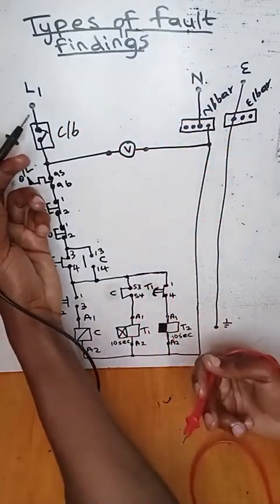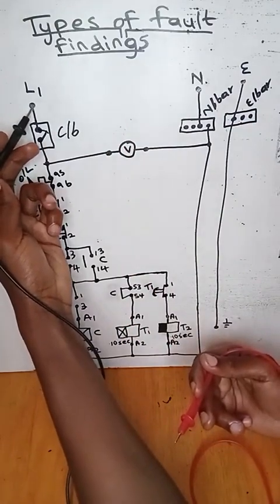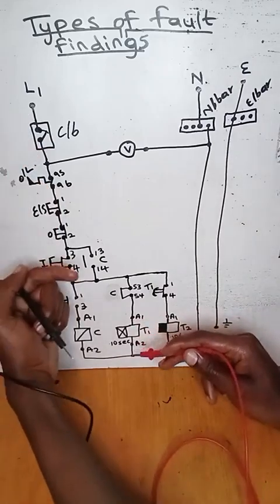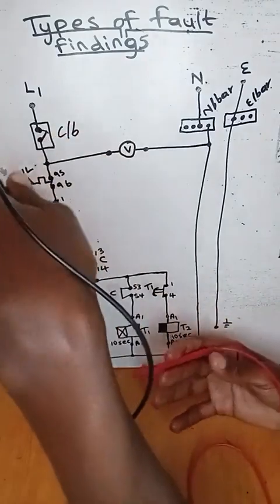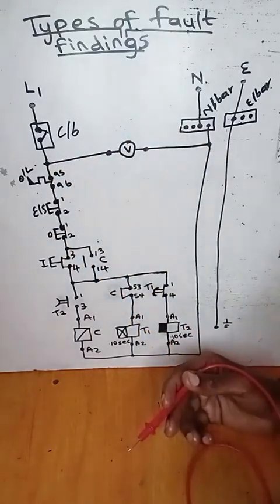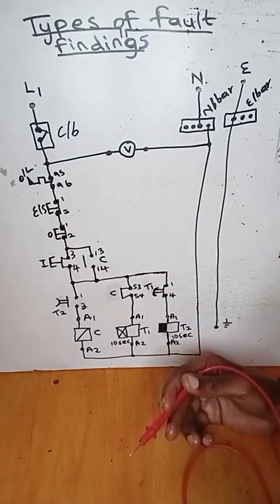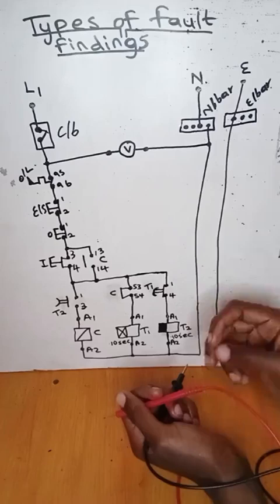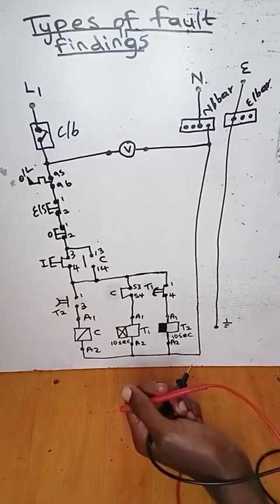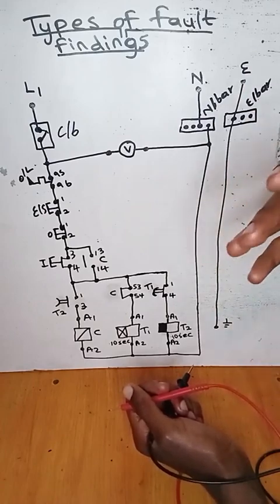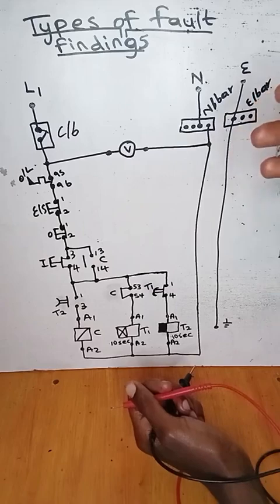So this method, putting the lead from where the live starts to where it ends and pressing the start button, is the quickest way to do your fault finding very fast, right? It saves a lot of time. So you have to understand how to do your fault finding in the quickest way, so that you can save your time when you get your fault from the sketch, right?